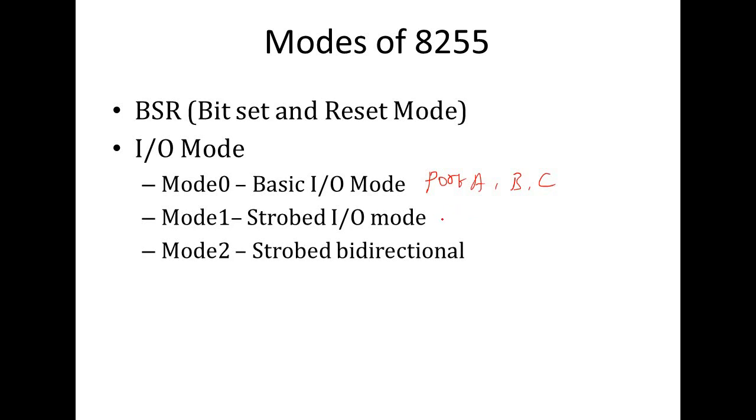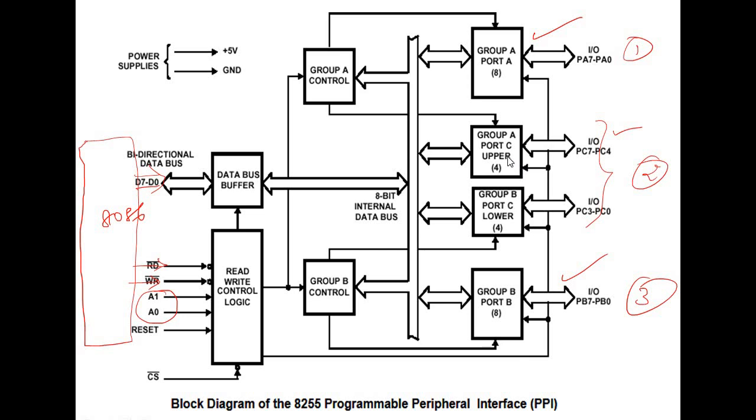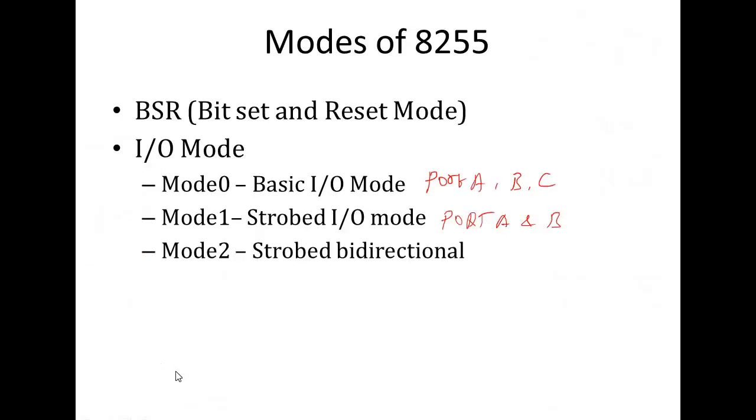And in mode 1, we can connect port A and port B. Port C, as I showed in the block diagram, the upper part of port C is connected with port A, and the lower part of port C is connected with port B. The upper part of port C is used as handshake signals, and the lower part of port C is used as handshake signals.